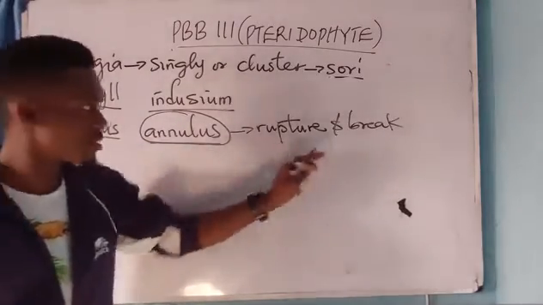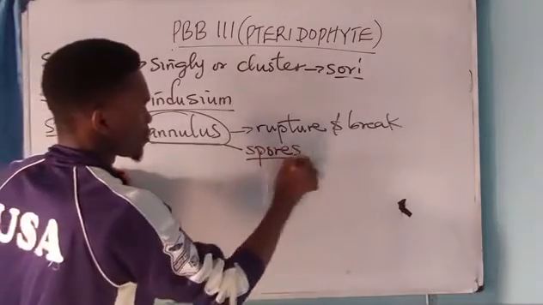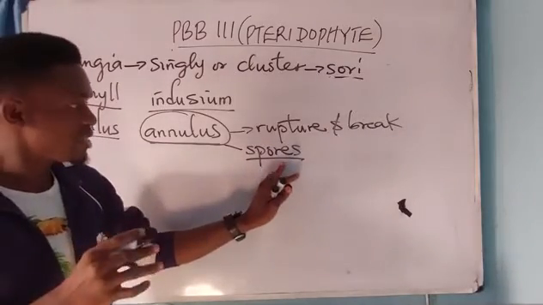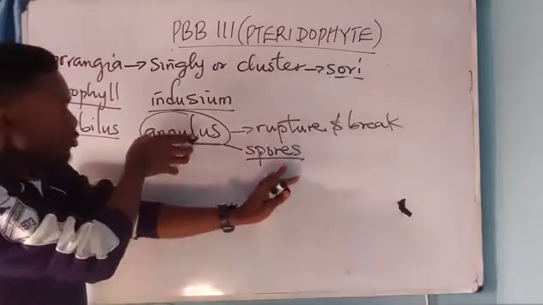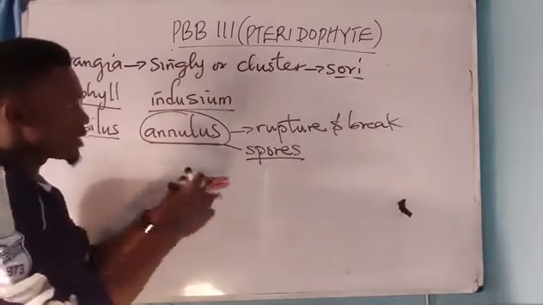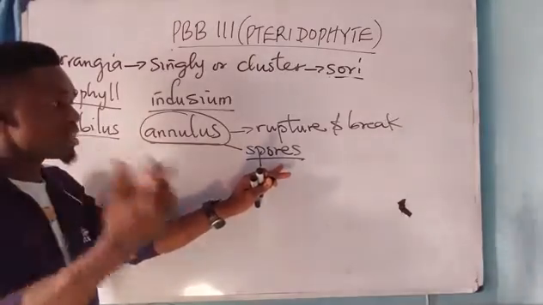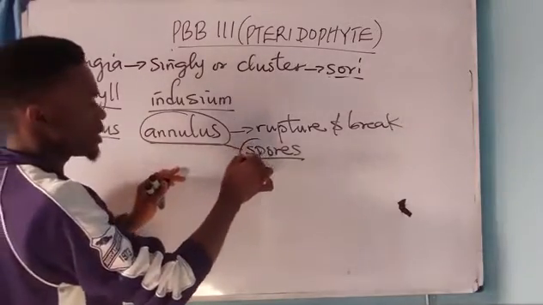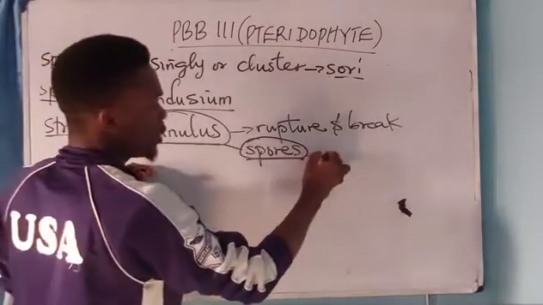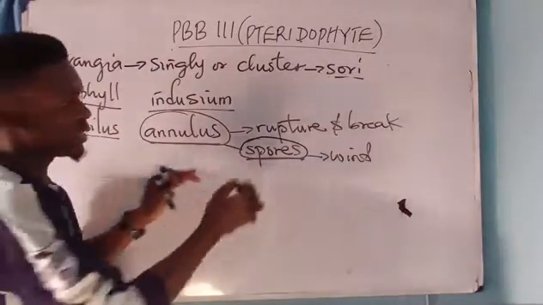As soon as it breaks, it releases what? Spores. As soon as these spores are released, the annulus will rapidly expand again. When it expands, it releases spores again, continuously, speedily. Once these spores are released, they are blown by wind and they germinate.